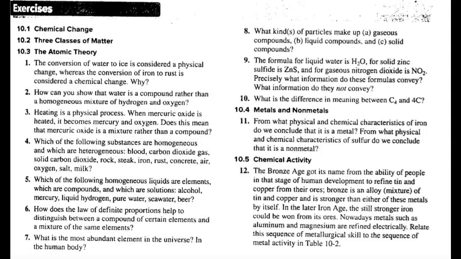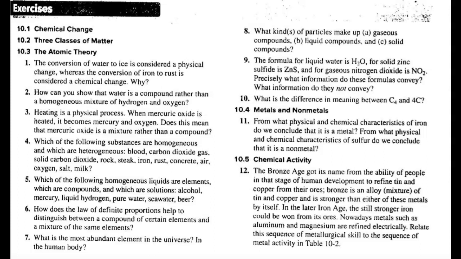Number 6, how does the law of definite proportion help to distinguish between a compound of certain elements and a mixture of the same elements? So this is the way I express that. The law of definite proportions states that elements will always combine in a definite ratio by their masses.